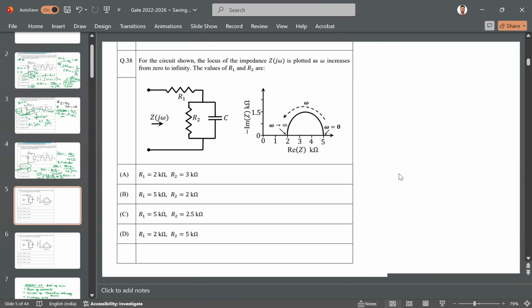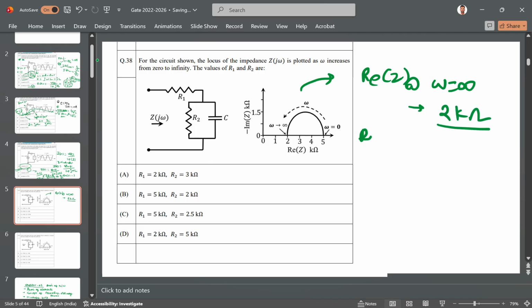Again from the graph, which kind of information did they provide? Real Z at omega equal to infinity, they provided 2 kilo ohm. Don't forget about the unit. And real Z at omega equal to 0, they provided 5 kilo ohm.